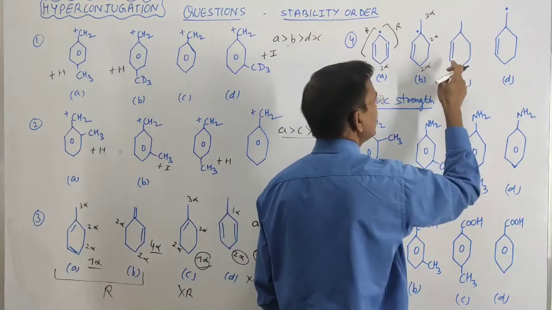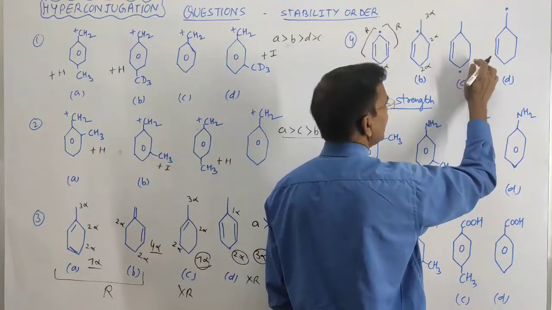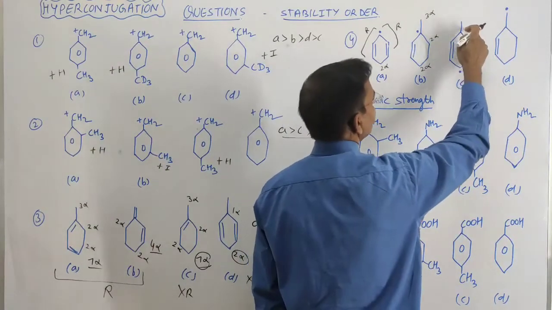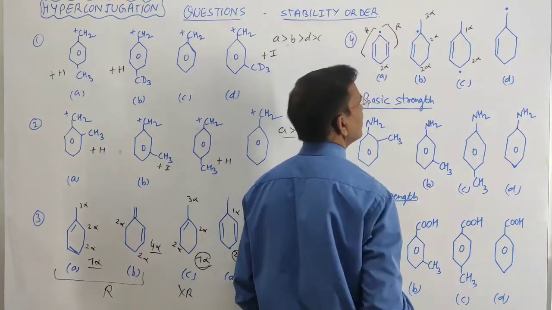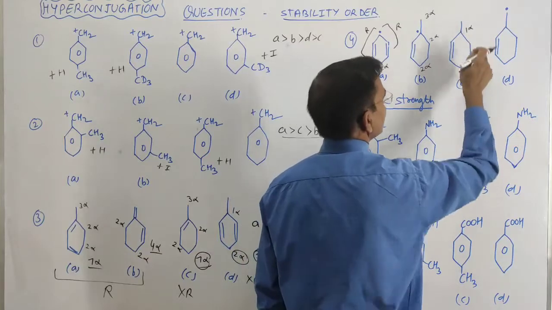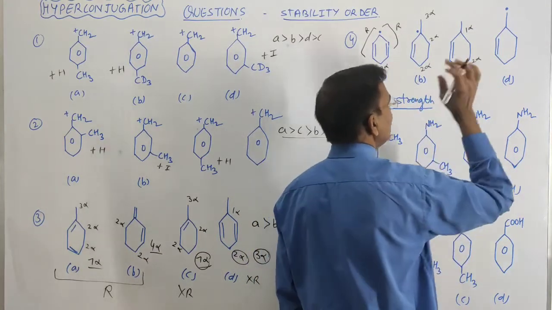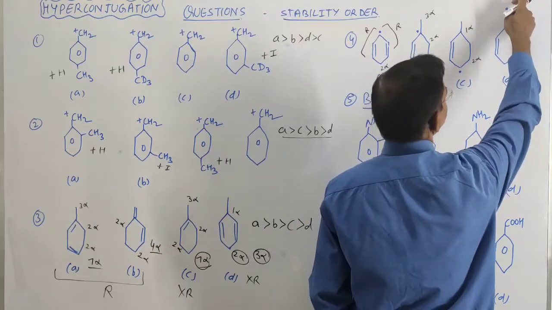Now here double bond, single bond, free radical. This free radical has 2 alpha this side, right? And 1 alpha at this carbon after the conjugation, right? So in total 3 alpha hydrogens are there. So here double bond and free radical.